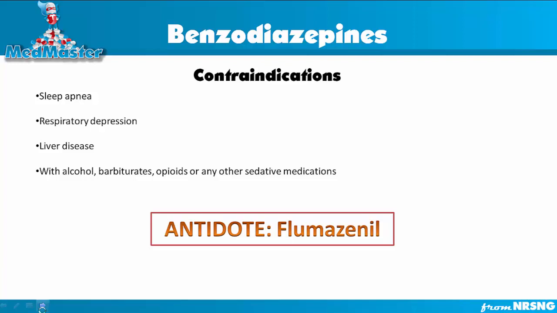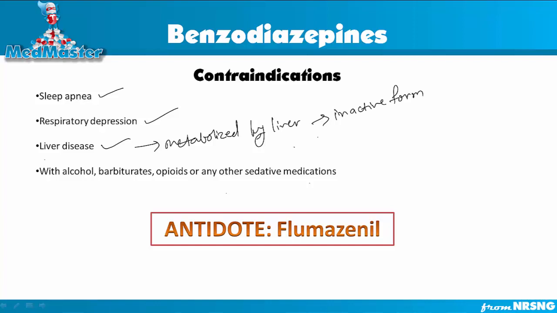So those are the bad side effects of these medications. Now, what are the contraindications for this medication? As we talked about in the previous slide, this can cause significant respiratory depression and cardiac depression. This one has a significant sedation effect as well. So you don't want to give this medication to a patient who has sleep apnea, respiratory depression, and obviously liver disease, because this medication is metabolized by the liver and goes into the inactive form.